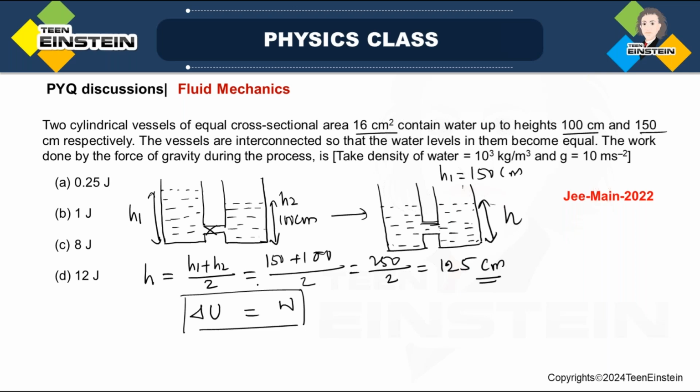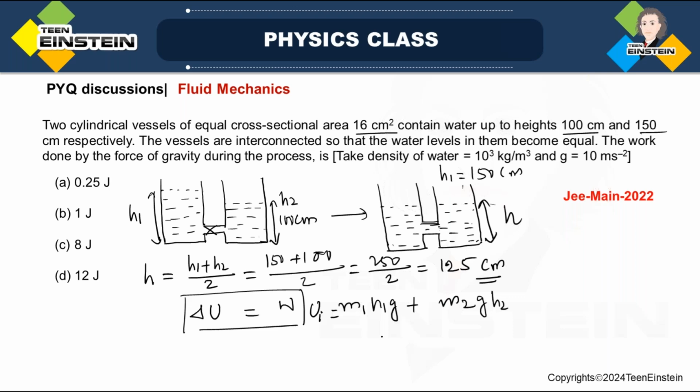So what is the gravitational potential energy difference? Suppose the mass of the water or liquid in the first vessel is m1. So m1 h1 g, plus the initial potential energy of m2, the mass of this, into g into h2, mgh.